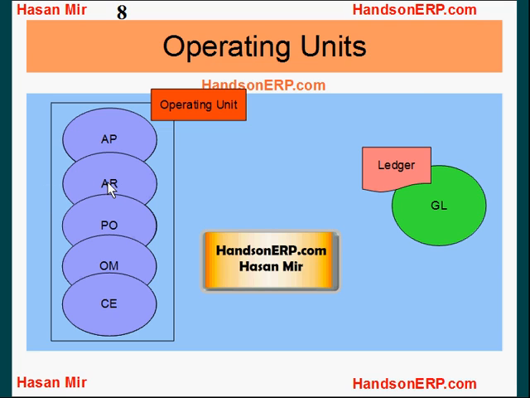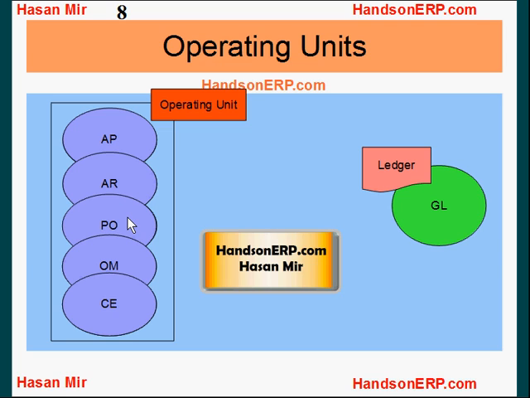We have a netting functionality in Oracle applications, so invoices within operating unit 1 could be netted against transactions within operating unit 1. Similarly, requisitions in the purchasing module within operating unit 1 could be added to the purchase orders within operating unit 1. So requisitions sitting in operating unit 2 will not be available for the creation of a purchase order in operating unit 1.